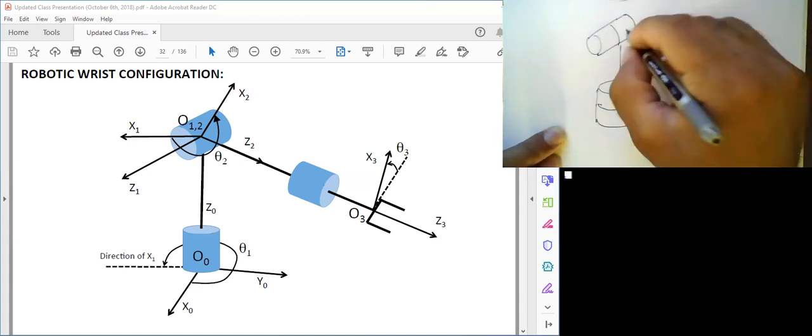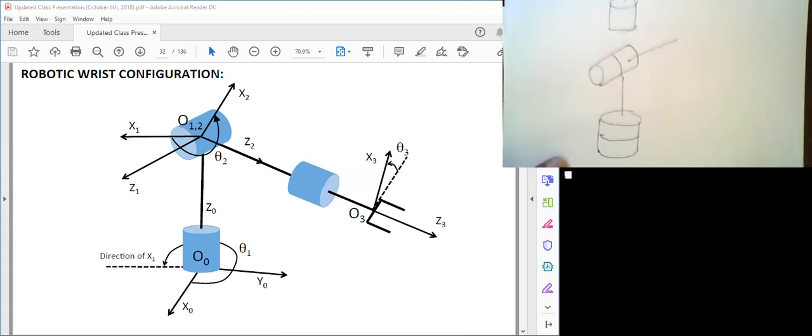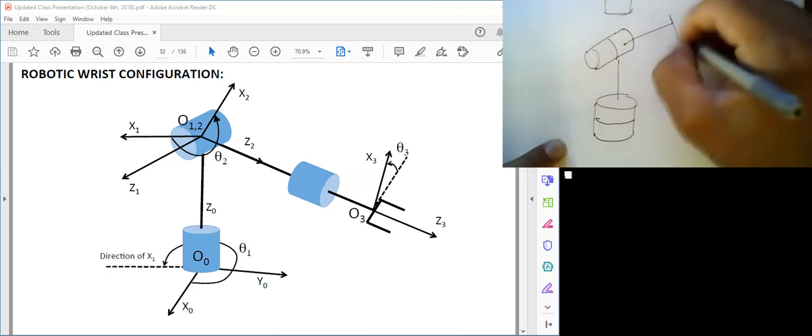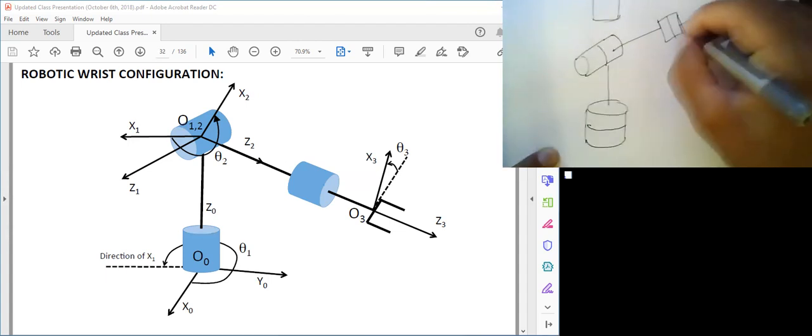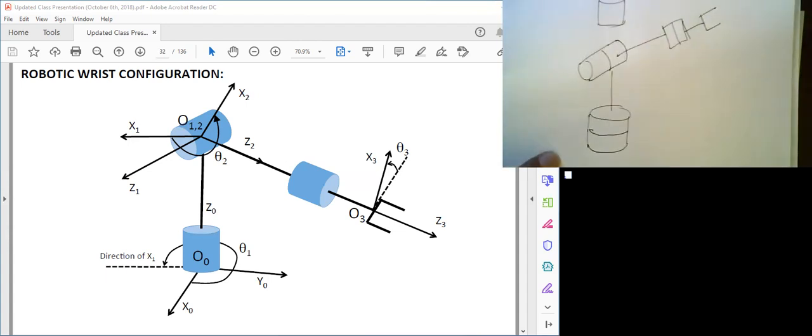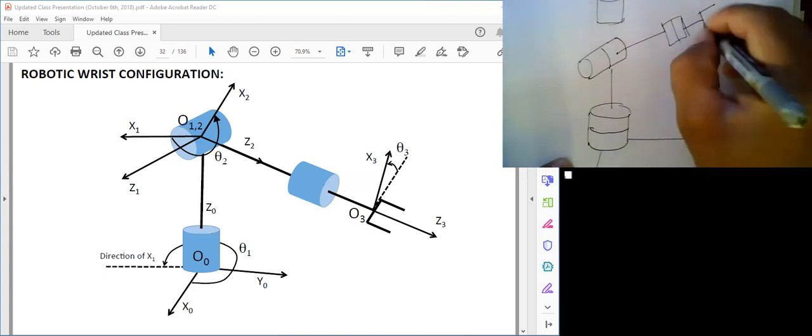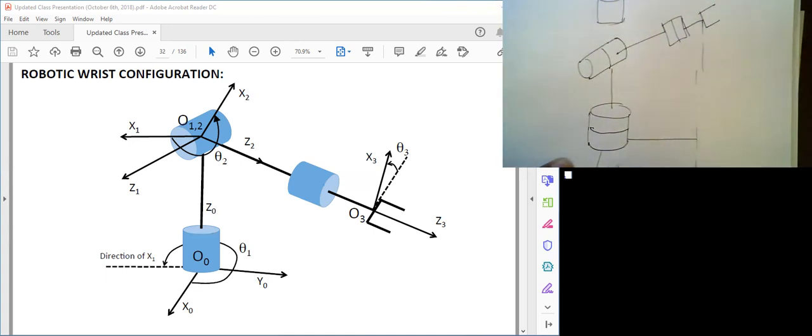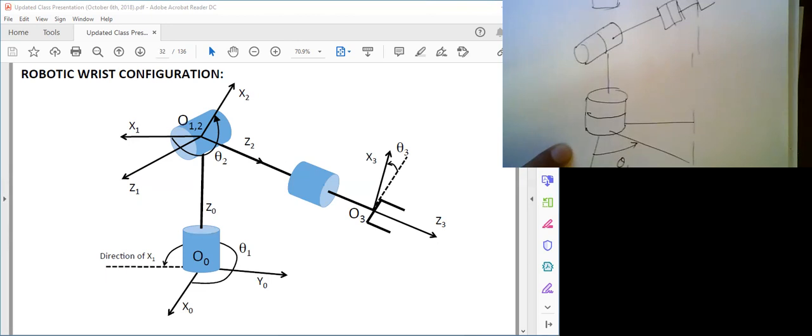Now I'm able to point this vector in any direction, right? Let's say I'm projecting this guy over here, and this angle, for example, is my theta 1, based on the frames that I have here.